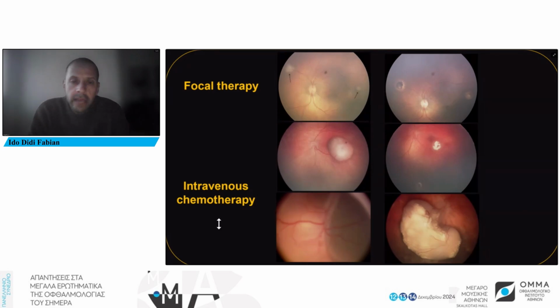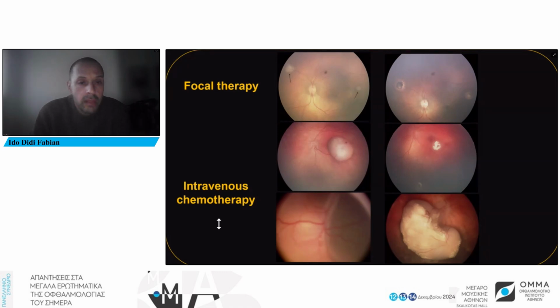Until the 1990s, the mainstay of treatment was external beam radiotherapy. In the 1990s, evidence accumulated that radiotherapy was very efficient to treat retinoblastoma, but children died from other non-RB tumors in a significant manner, more because of the external beam radiotherapy.